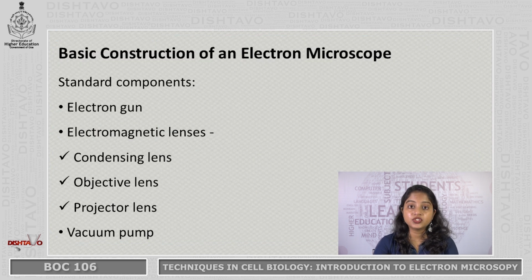The basic construction of an electron microscope consists of these standard components: an electron gun and electromagnetic lenses. There are three types of electromagnetic lenses: condensing lens, objective lens, and projector lens, and the whole apparatus is situated in a vacuum pump.